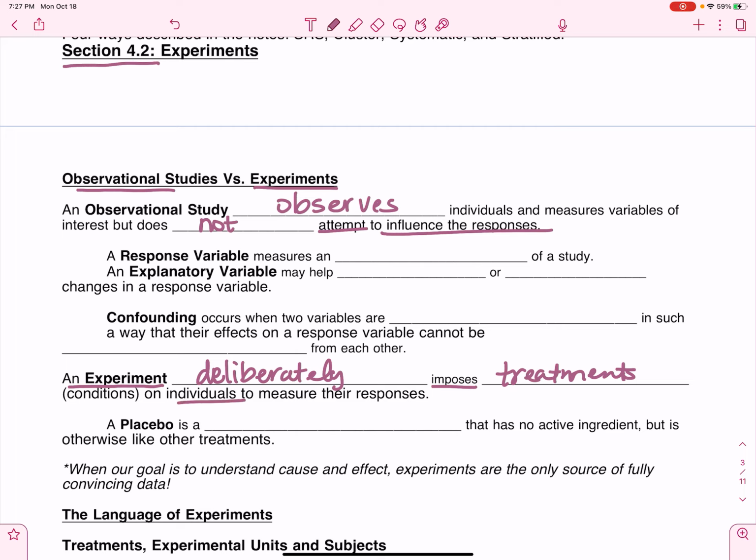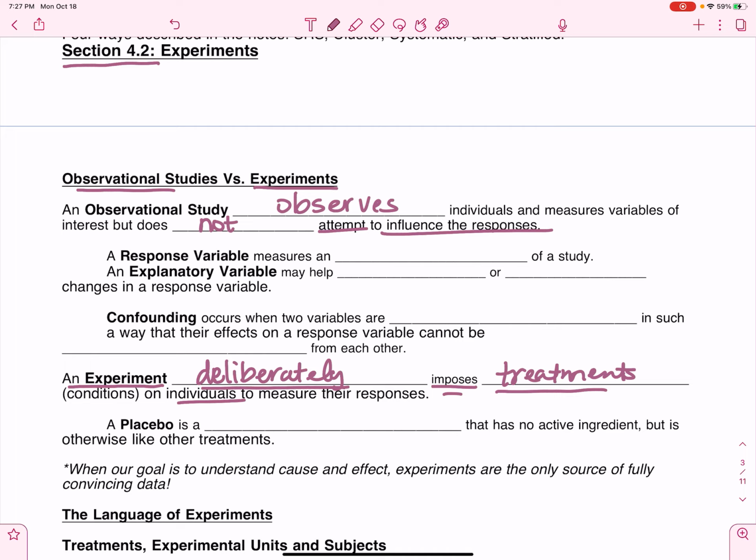So with an experiment, the statistician or the researcher, whoever is conducting the experiment, is going to interact with these people, at the very least, to impose some kind of treatment on whoever's participating. Observational study, you just sit back and you watch what's happening.